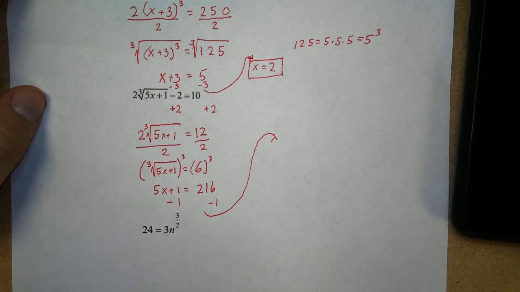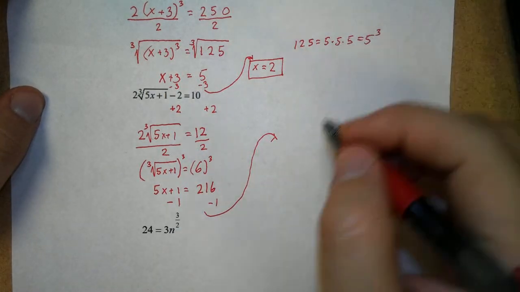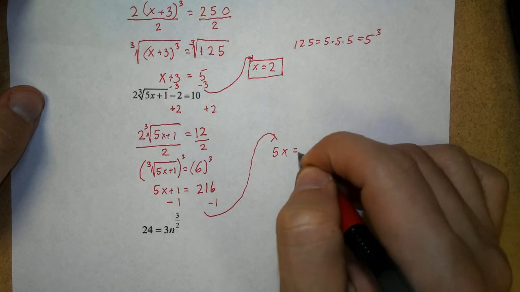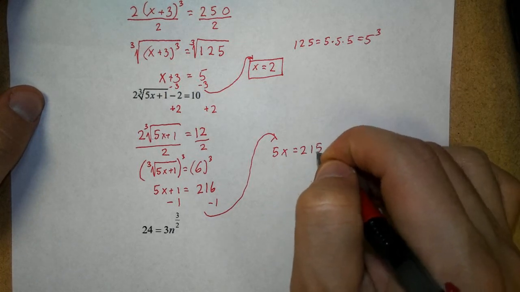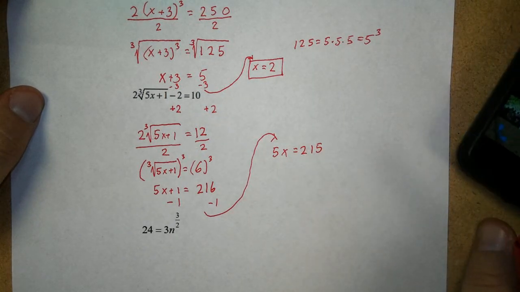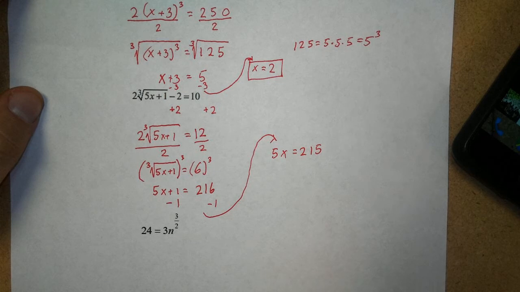So we subtract 1 from both sides, and that's going to give us 5x equals 215.